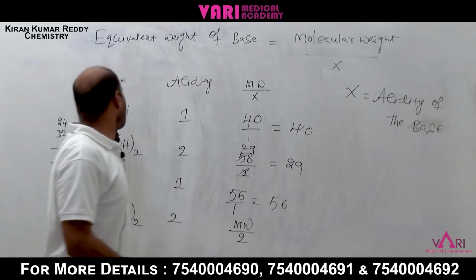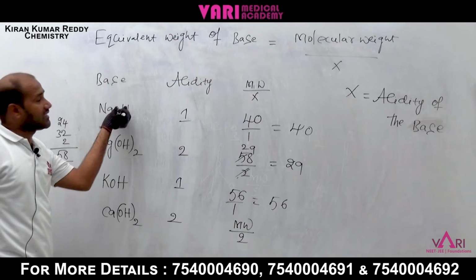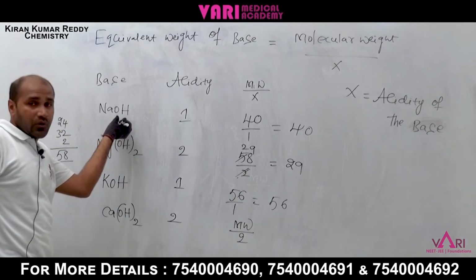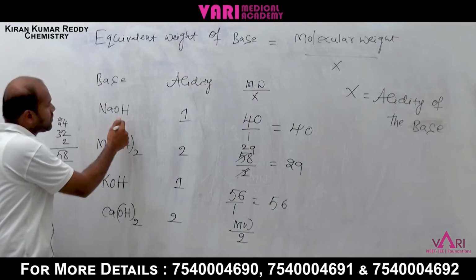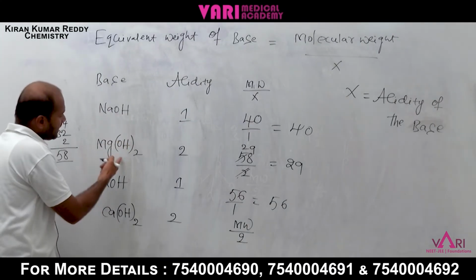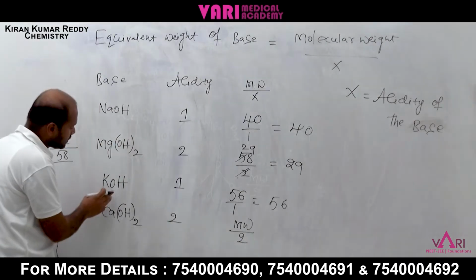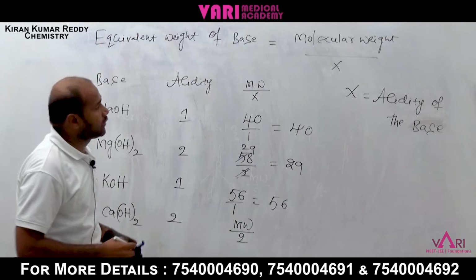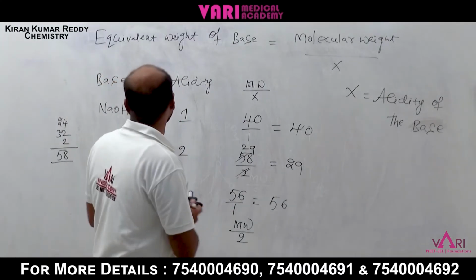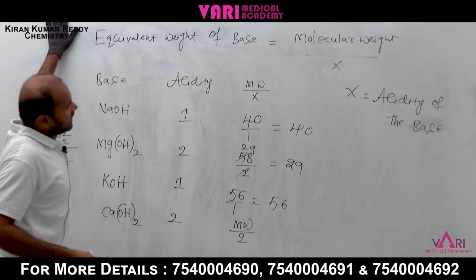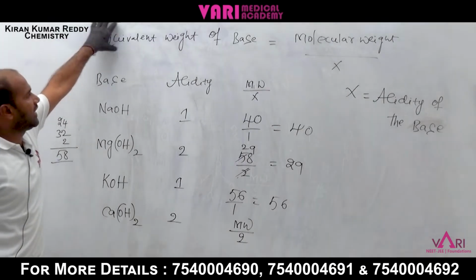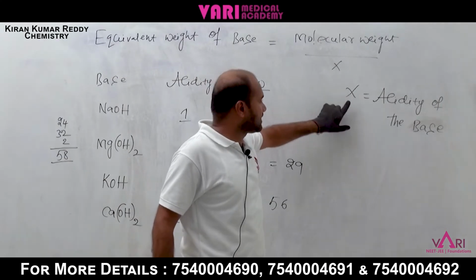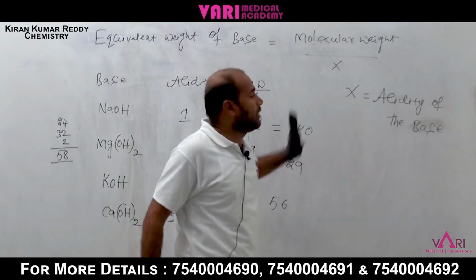The number of hydroxyl groups present in the base structure, the number of replaceable hydroxy groups. NaOH has 1 hydroxy group, magnesium hydroxide has 2, KOH has 1, calcium hydroxide has 2 hydroxy groups. So the equivalent weight of base is equal to molecular weight by X, where X means acidity of the base.